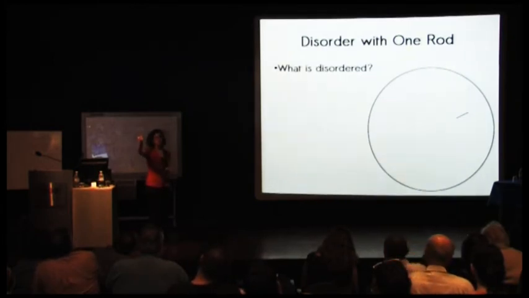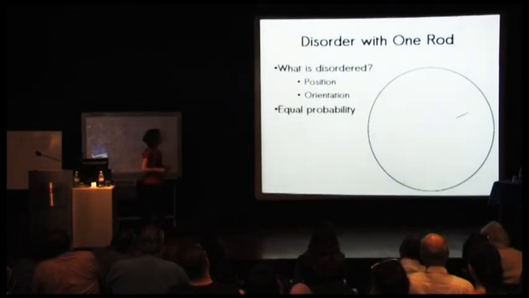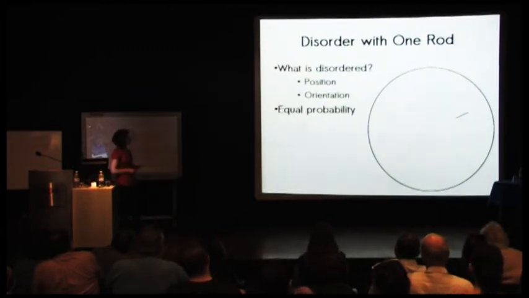There are two possible things that can be disordered with the rod in space. You can have a disorder in position: the midpoint of the rod can be located anywhere in the container. And we have disorder in orientation: the angle that this rod can take can be any angle. And we say that there's equal probability in these events.